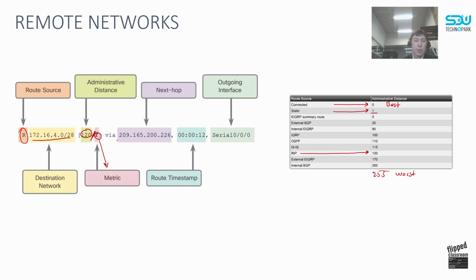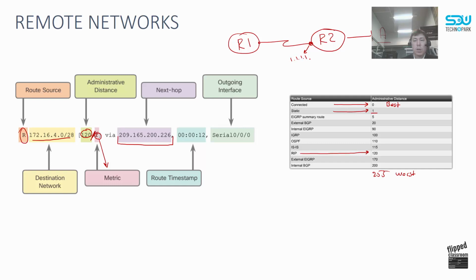Next, after the metric, you can see the next hop address. The next hop address is the next router's IP address. For example, if you have router 1 and router 2, and you have connectivity to network A from router 1, the next hop IP address to network A will be the IP address of this interface.